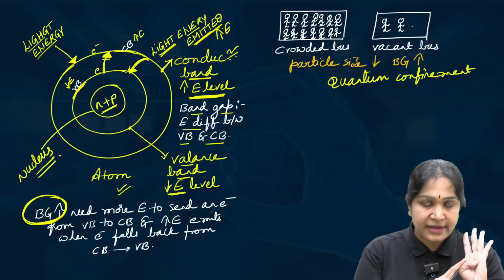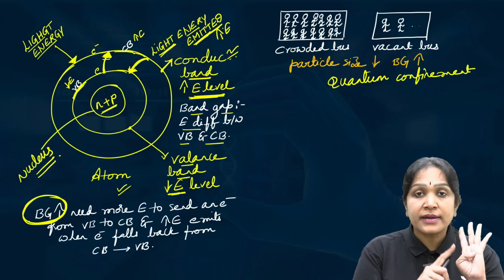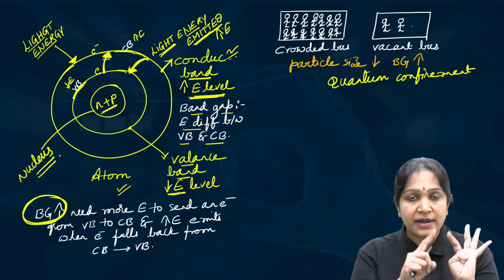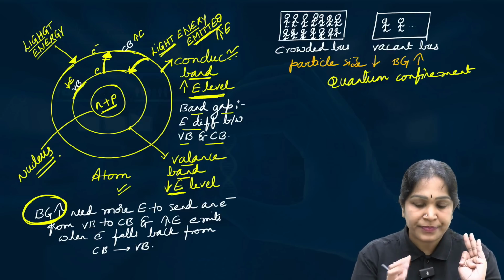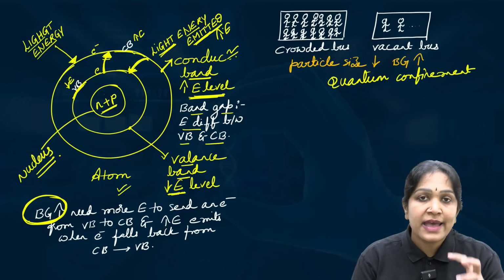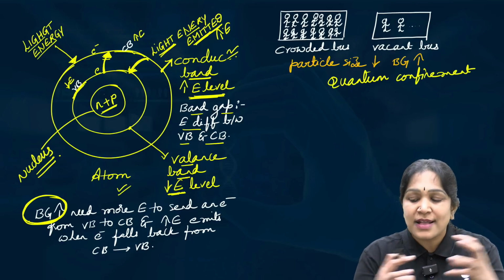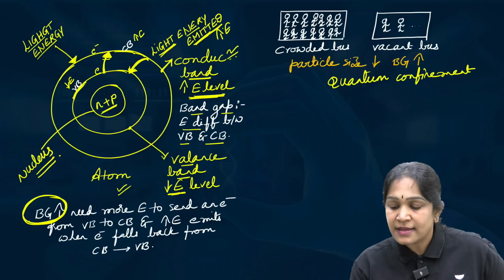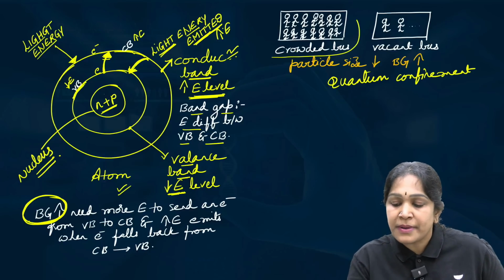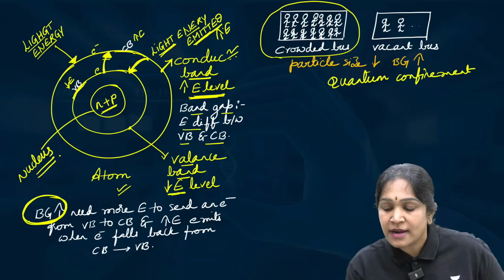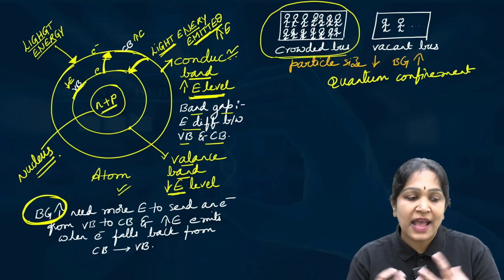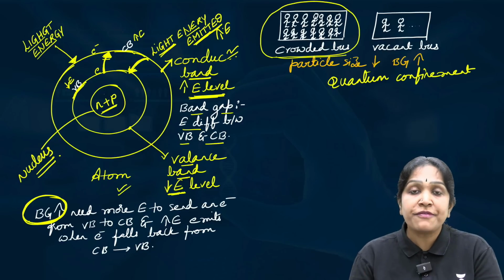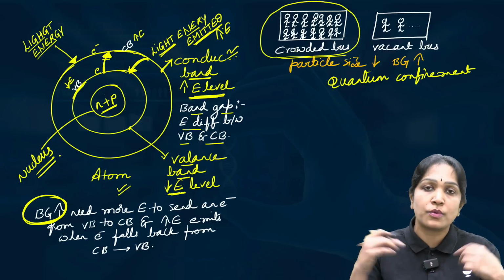In the nanomaterials, when the particle size is very small, the electrons in the atom will feel congested or confined, like the people in a crowded bus. When you are in a crowded bus, you feel as if you are confined. You don't have enough space to freely move around.